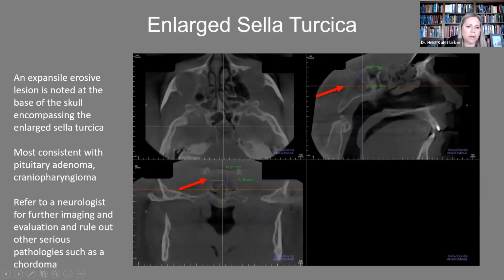So we're starting to worry about a pituitary adenoma or craniopharyngioma, and clearly we can't see that with the CBCT. So this patient has to go on to neurology and have additional imaging. If you want to send them through their primary care physician, you definitely could. Or if you can refer directly, you can always refer to neurology to go ahead and have some additional imaging and rule out pathology. But we get a couple of these every year.